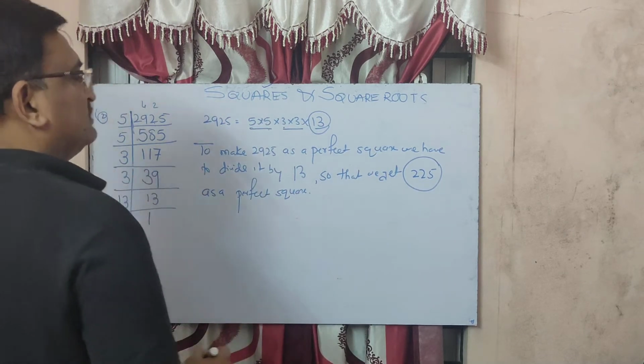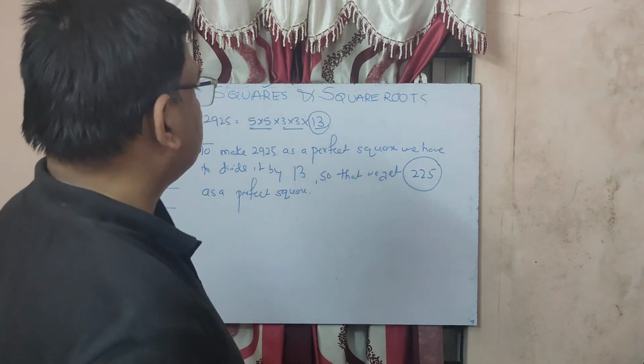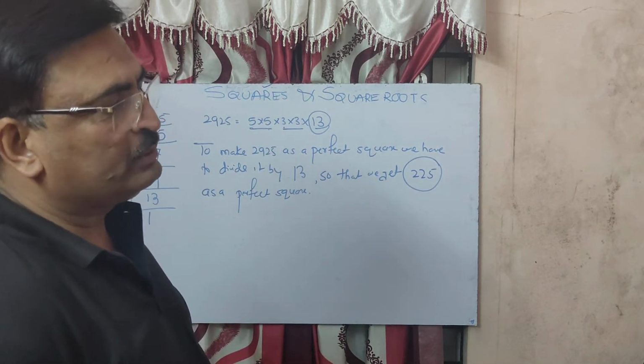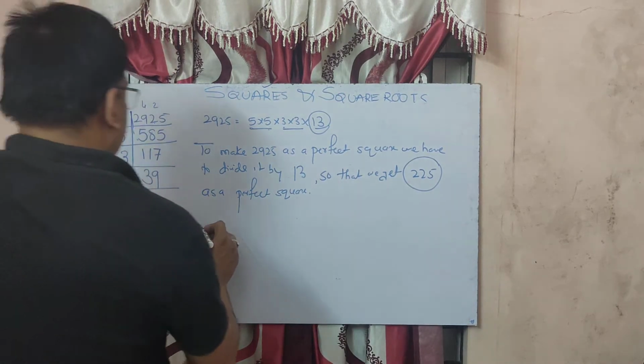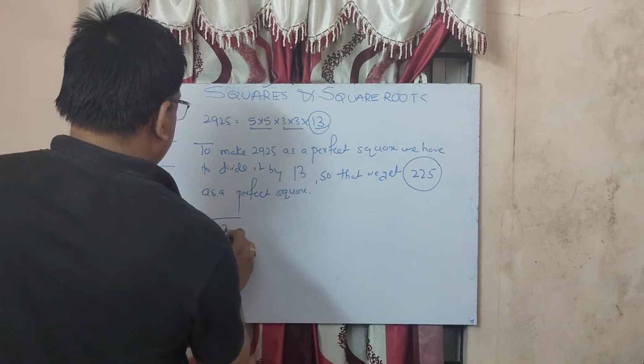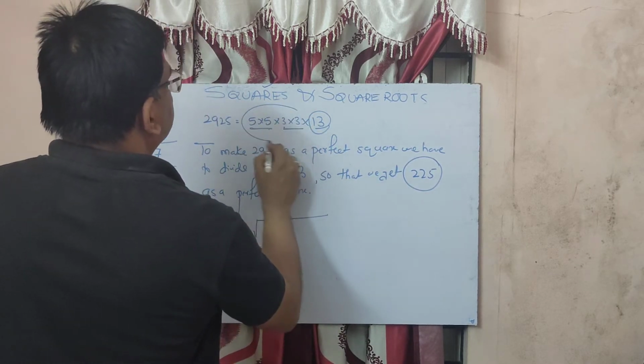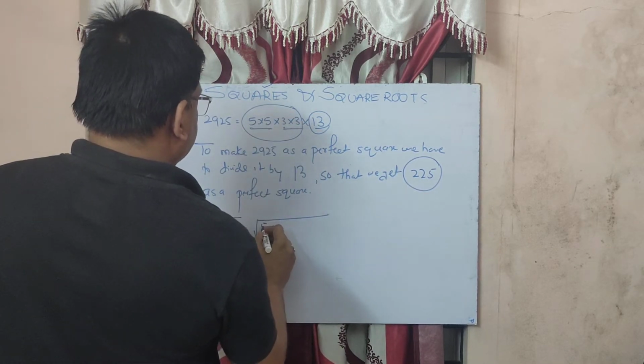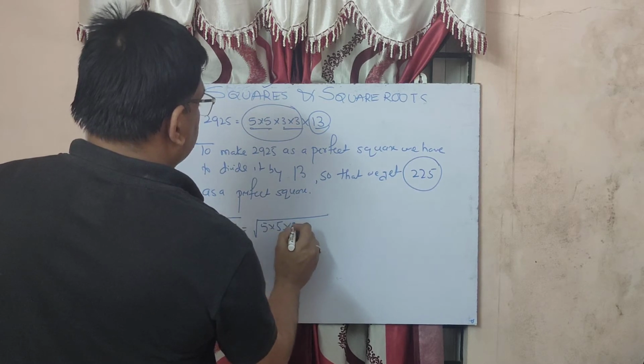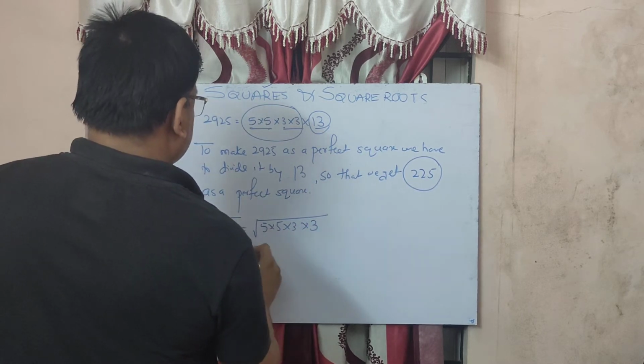And to find the square root of 225, what you have to do: square root of 225 is equal to, what are the factors? The remaining things are the factors. It is 5 into 5 into 3 into 3.